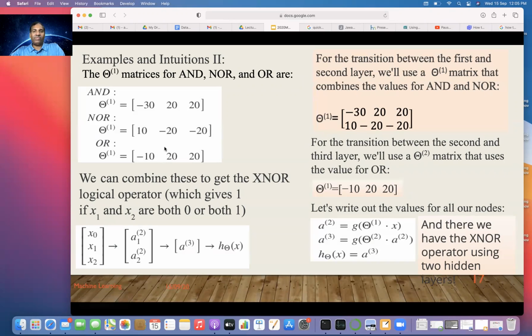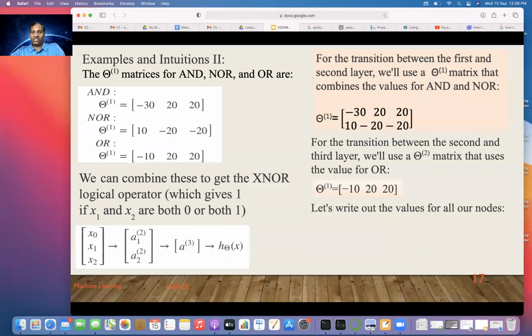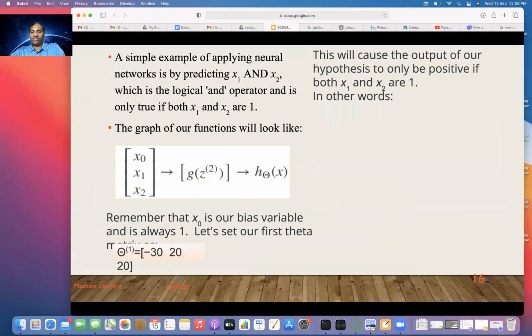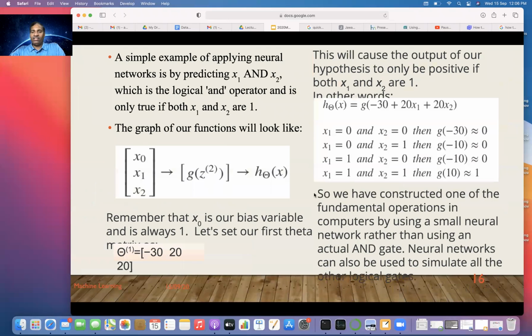So this is an example of how neural networks can be used to build nonlinear hypotheses. If you see this 0, 0 matrix, and you put the points 0, 0, 0, 1, 1, 0, 1, 1 on the space, these are the corners of a square, right?